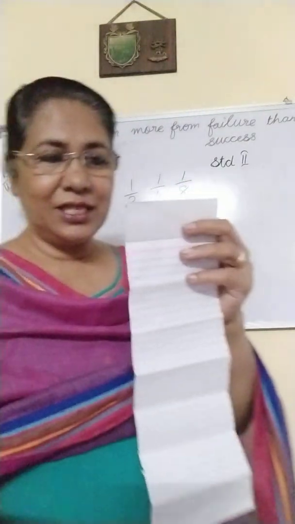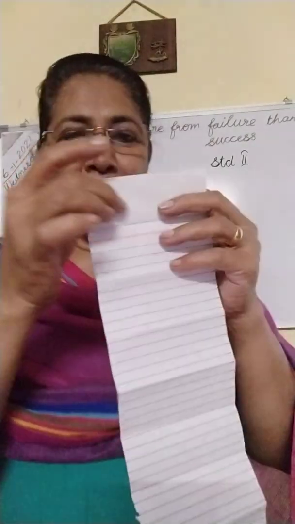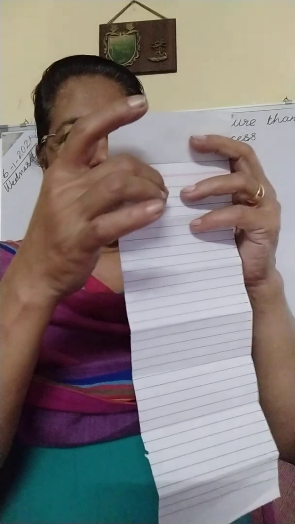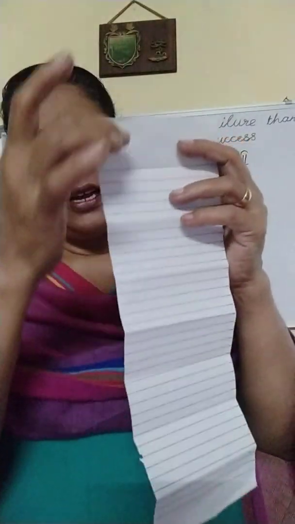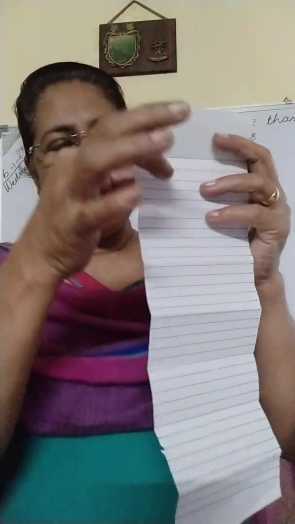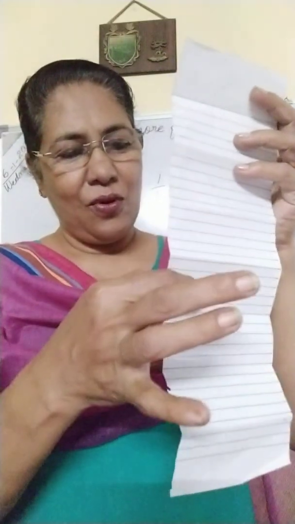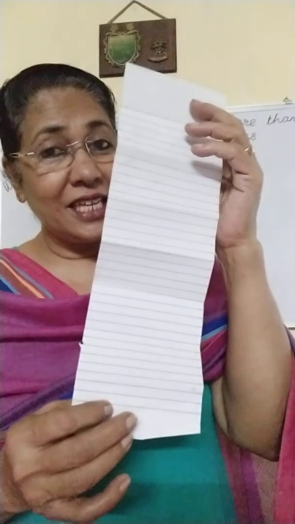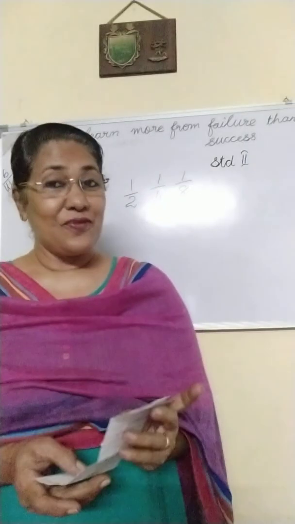So this is 1 by 8 of the whole thing, isn't it? How many parts are there? 1, 2, 3, 4, 5, 6, 7, 8 parts. So how do you write as a fraction? 1 by 8. So this is called fraction.